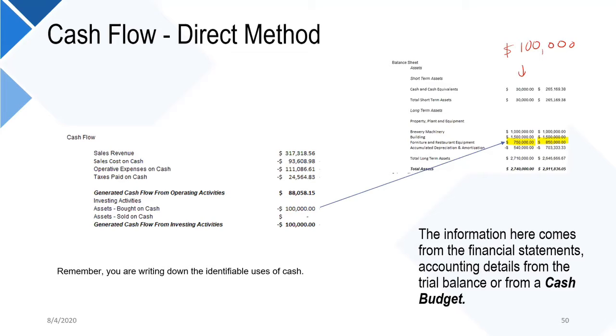In the direct method, you need to find out where and by how much the assets were spent, when the investment on assets or the sale of the assets took place. In this example, I know that I spent 100,000 pesos in this particular period, and I can see it inside the balance sheet. So I take that amount and I write it down in my direct method investing activity inside the cash flow.